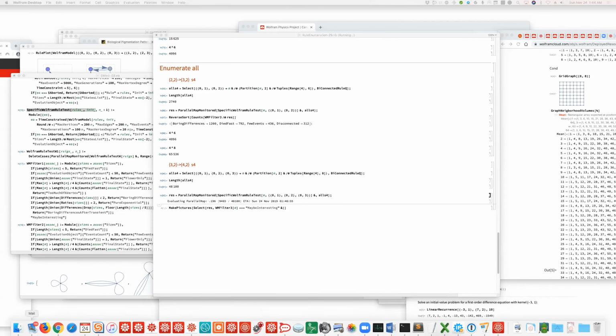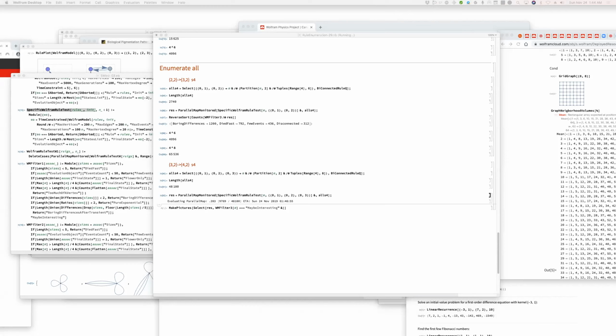Nice that parallel map monitored gives me an ETA. I know I've got like 3 minutes to wait. The reason I did parallel map monitored is that I was doing stuff for my PhD, which took a long time.